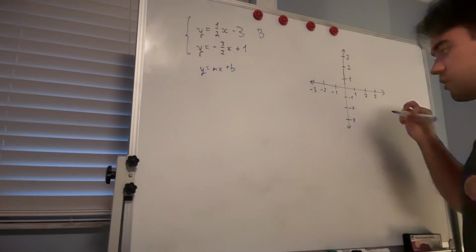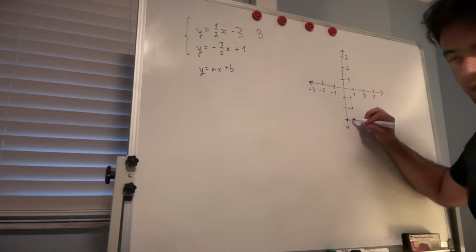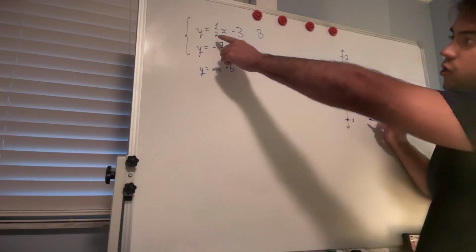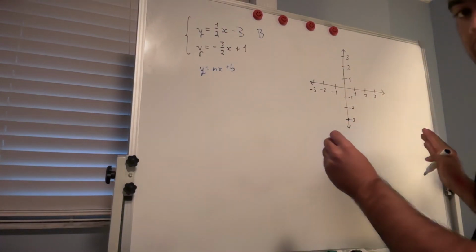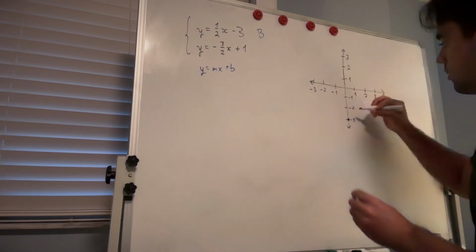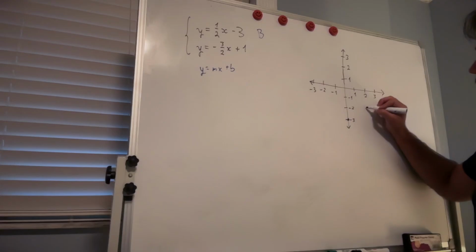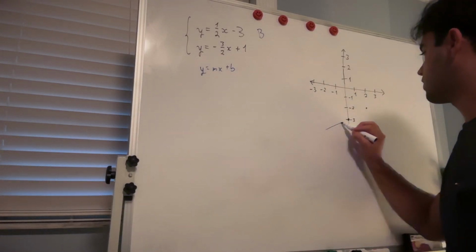We start with our y-intercept at -3, so I'm going to put a point here, and then the slope is 1/2, meaning it'll go 2 to the right and then 1 up. So 2 to the right, so I'm at x equals 2, and then 1 up, y equals -2, and the function looks something like this.